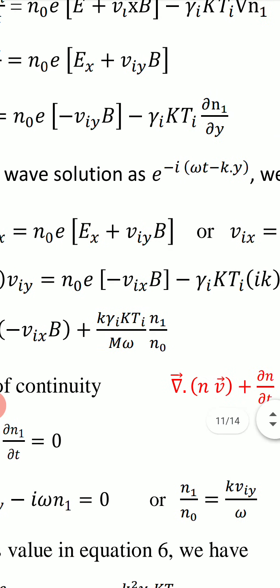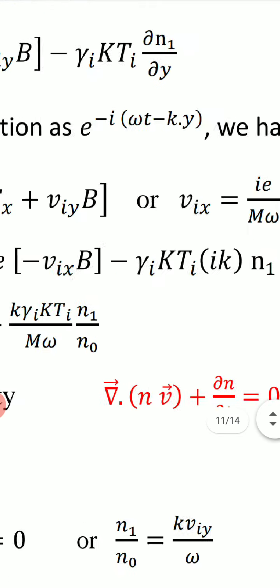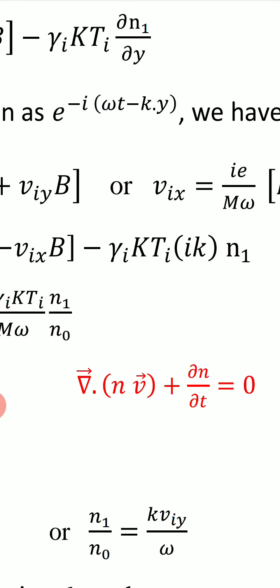Now assuming a plane wave solution as e to the power minus i omega t minus ky. Since the wave is propagating along y-axis, we write ky. If we assume such a plane wave solution, then we can find differentiation with respect to t, delta upon delta t, as minus i omega, and differentiation with respect to y, delta upon delta y, will be equal to ik.